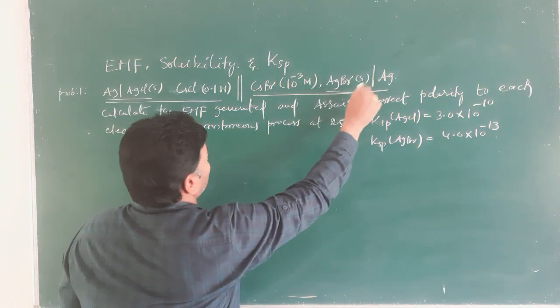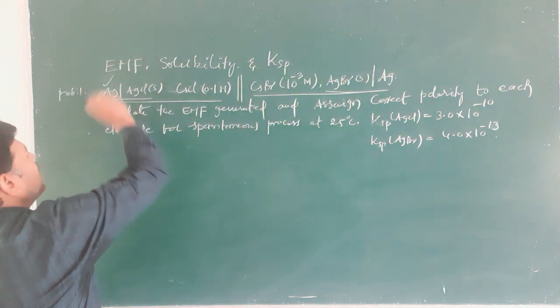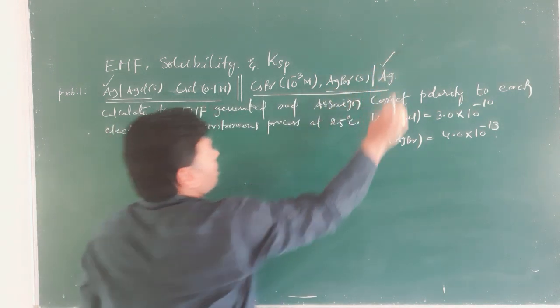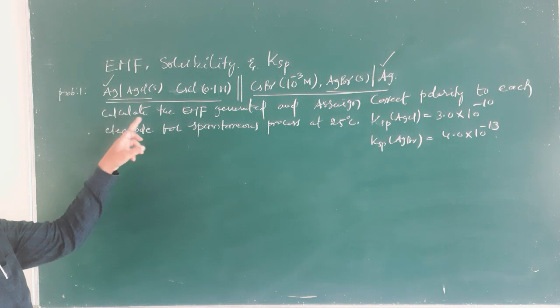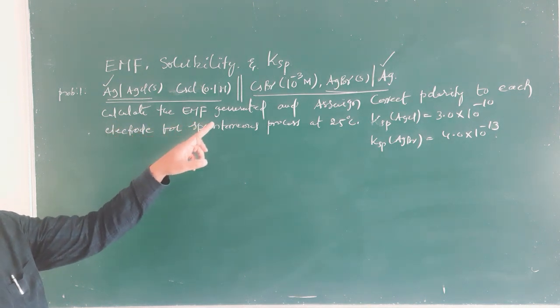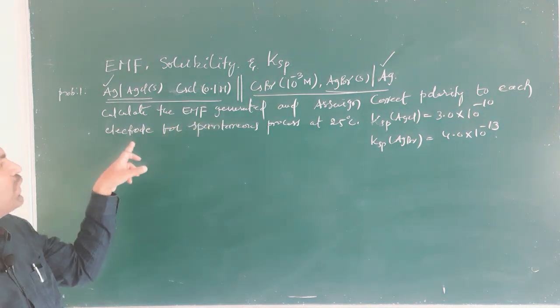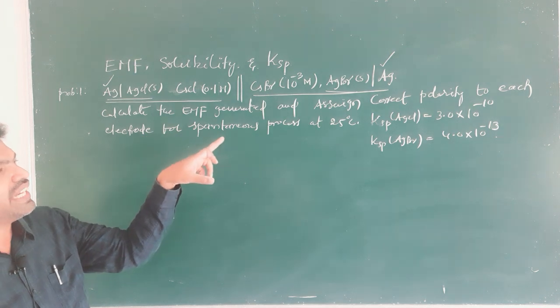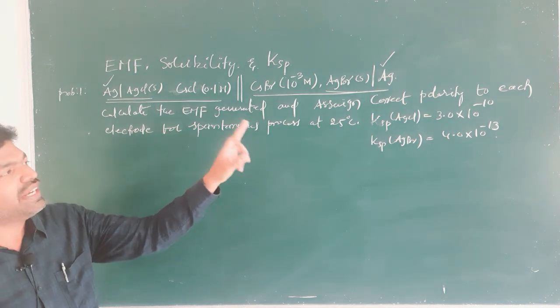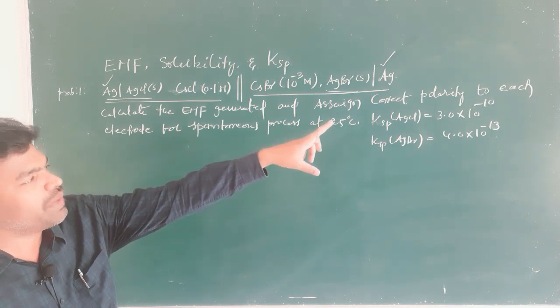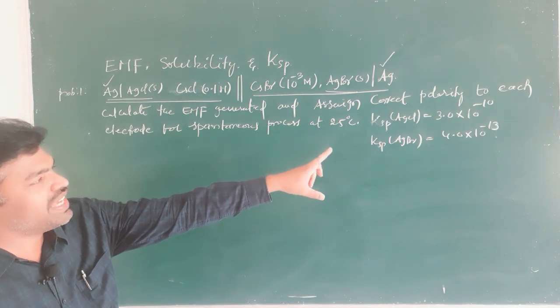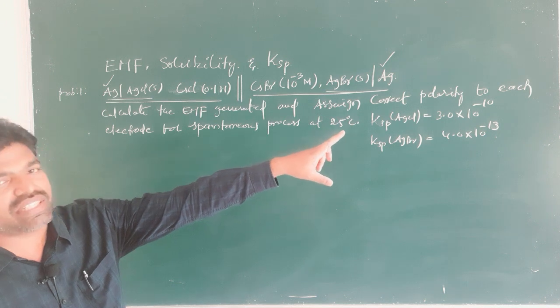Whenever the two electrodes are the same, that is a concentration cell, right. Calculate the EMF generated and assign correct polarity to each electrode for the spontaneous process at 25 degrees centigrade, given that the Ksp of AgCl is 3 into 10 power minus 10 and the solubility product of AgBr is 4 into 10 power minus 13.